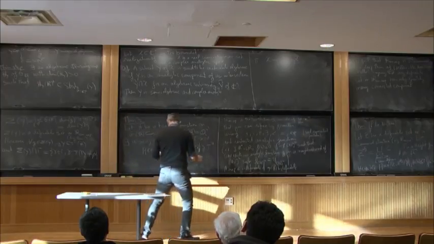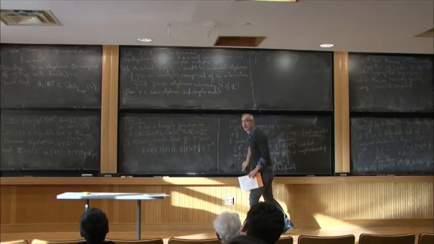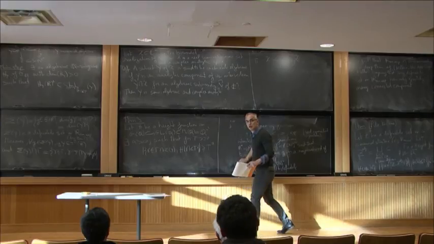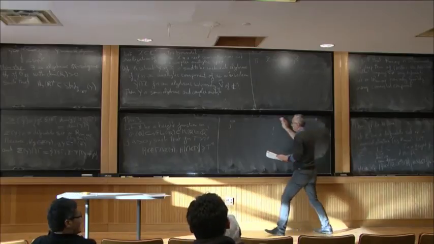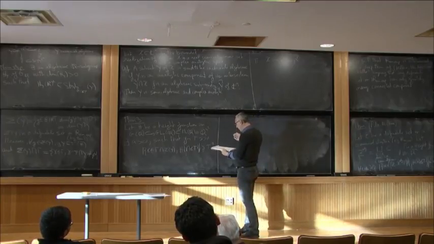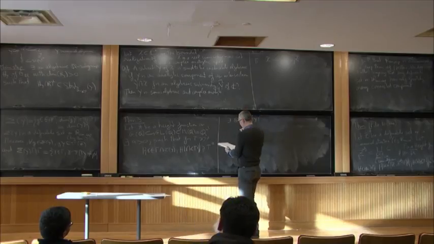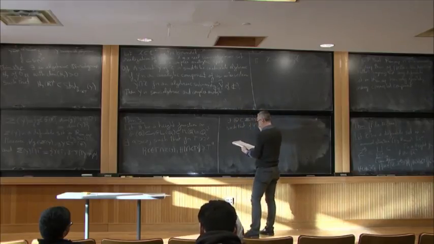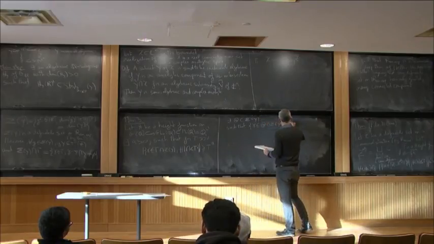So the way you use this is you find a set theta inside sigma of y such that the set of gamma in theta intersected with sigma of y is infinite.